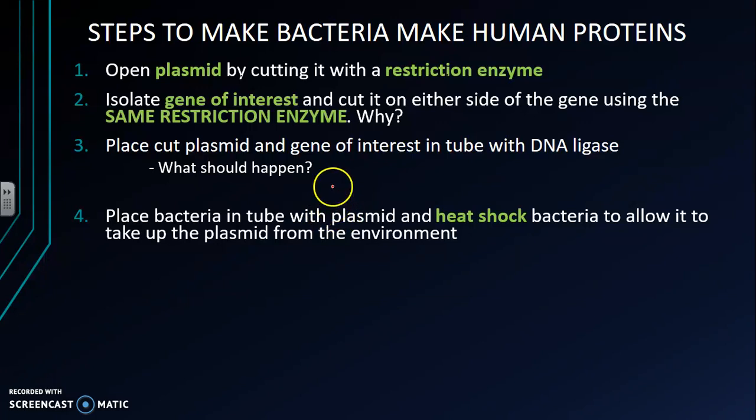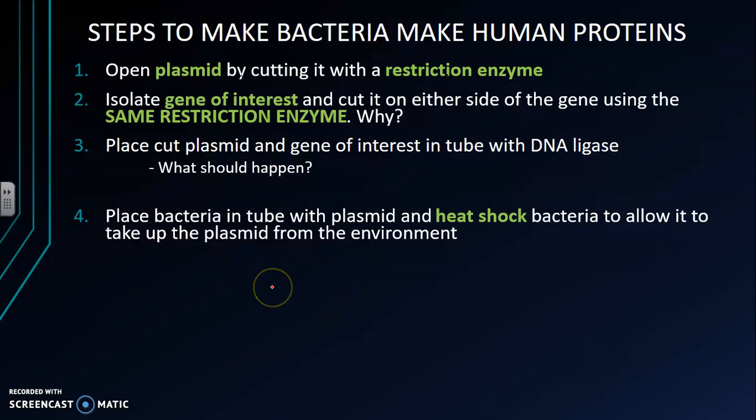It's recombinant because it now has the DNA of the bacteria and the DNA of the human in this case. So it's a recombinant plasmid because two different DNA sources have been combined. And we're going to do something known as heat shocking it. Heat shocking forces the bacteria to take up the plasmid from the environment.